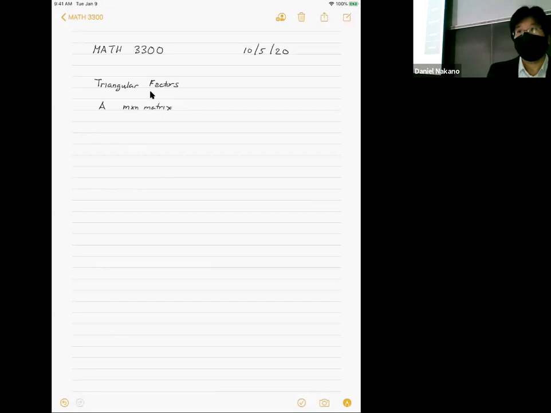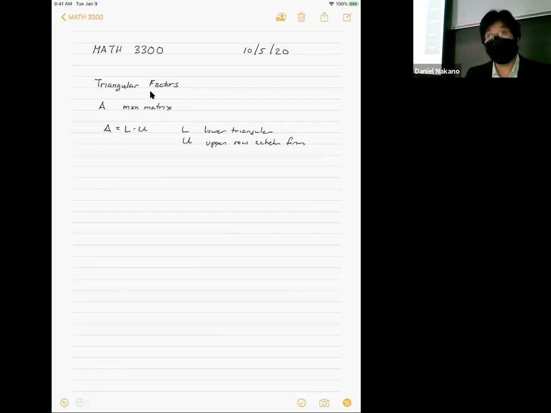In the process of Gaussian elimination, I'll be able to factor A as L times U, where L is a lower triangular matrix and U is in upper sort of row echelon form. I'll be able to do this as long as there are no row exchanges.